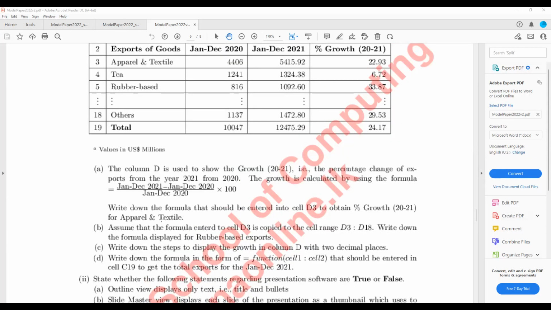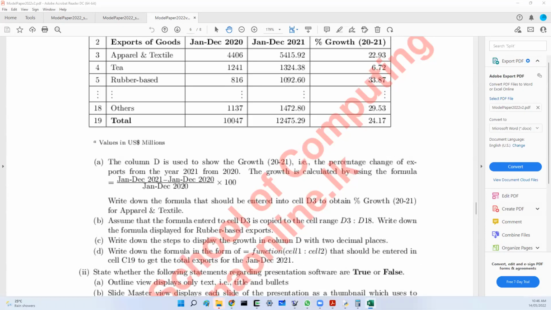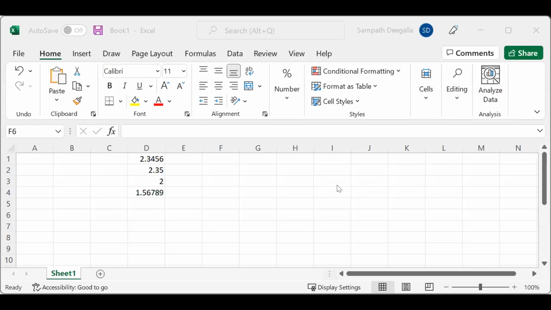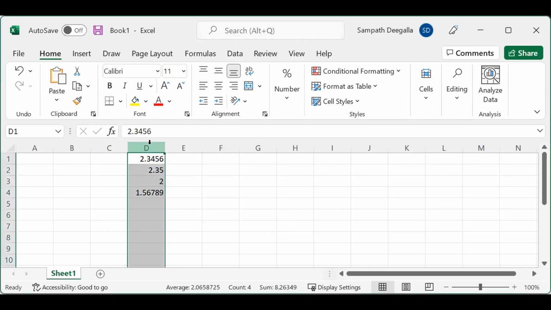Okay, part C. I'm going to explain how we can convert values of a column into 2 decimal places.